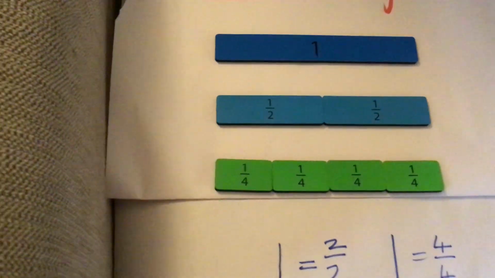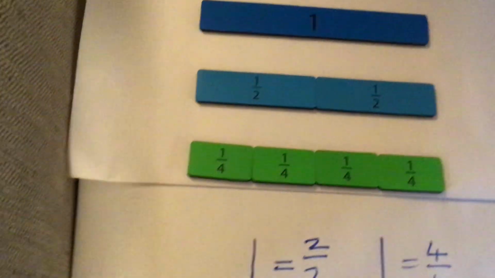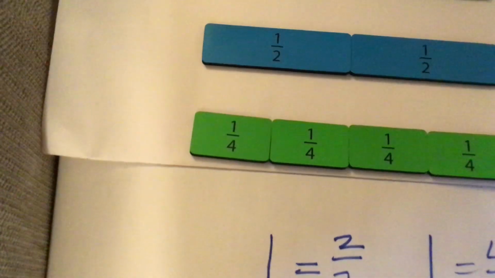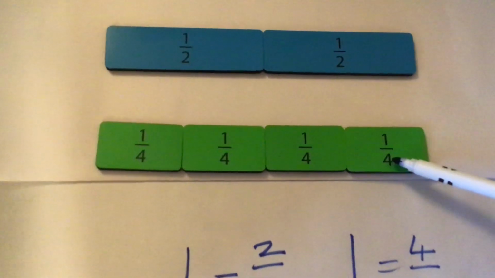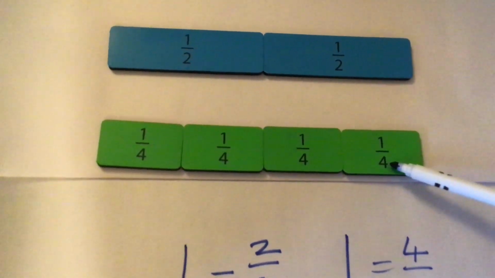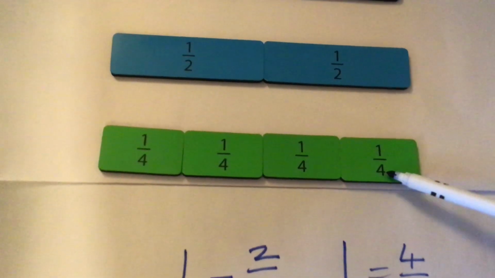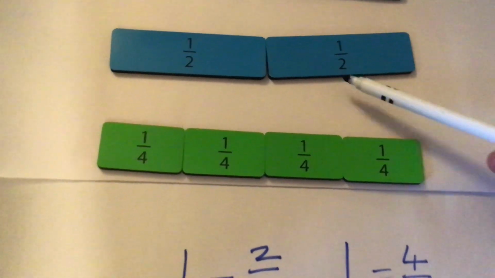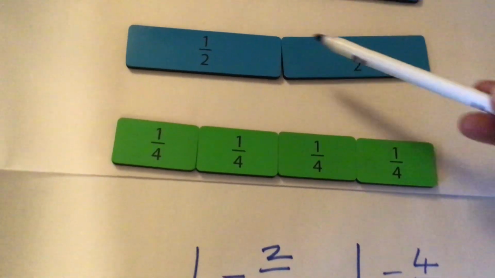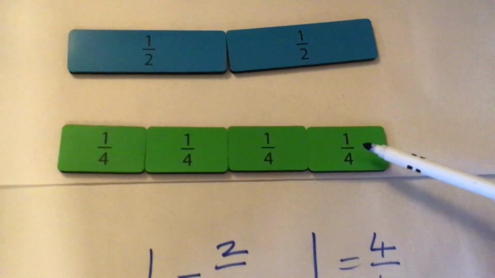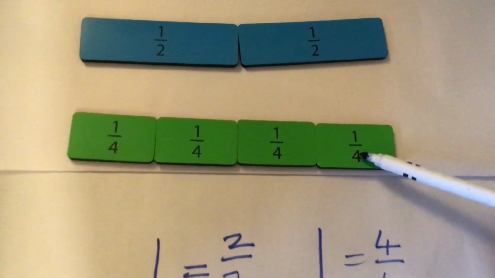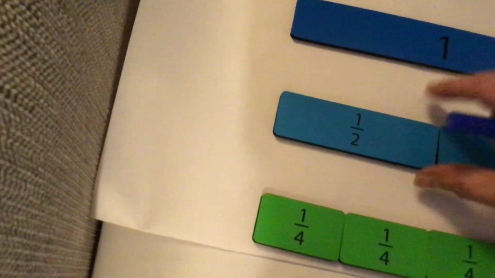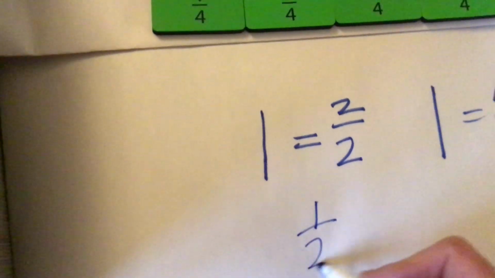What we need to be able to do is to write equivalent fractions, fractions that are the same but have a different denominator. So this denominator here is 4, a quarter. This denominator is 2. It's in 2 parts.